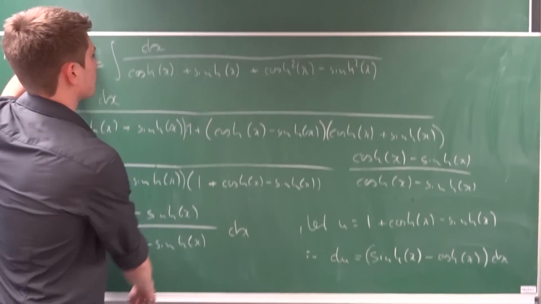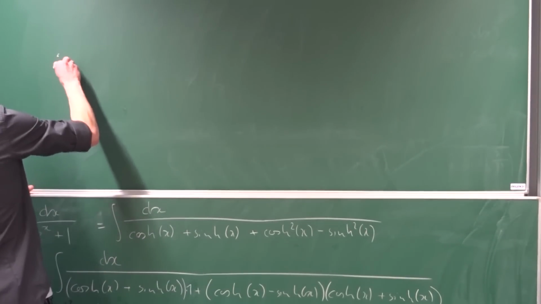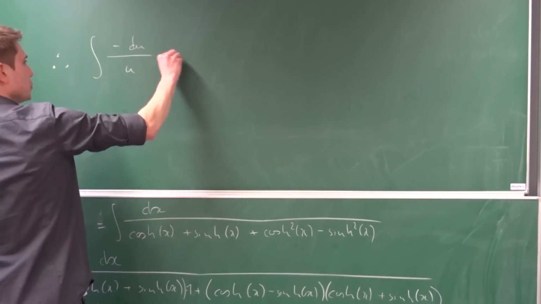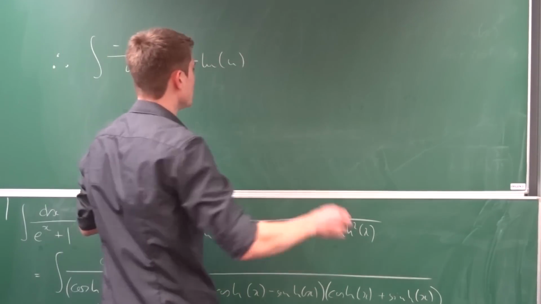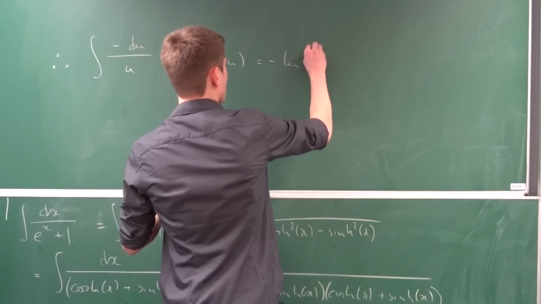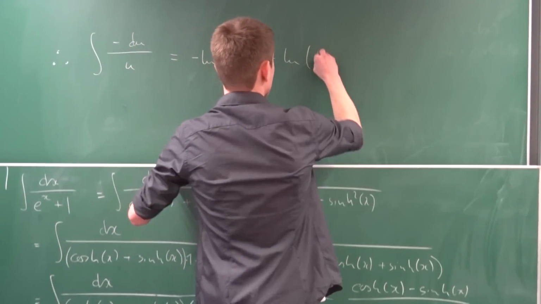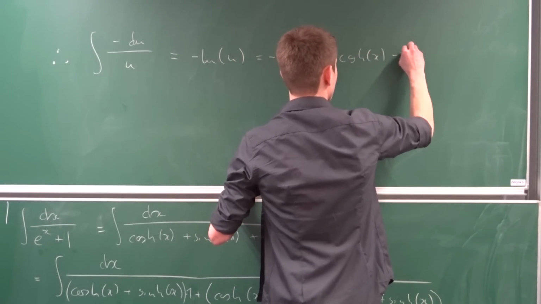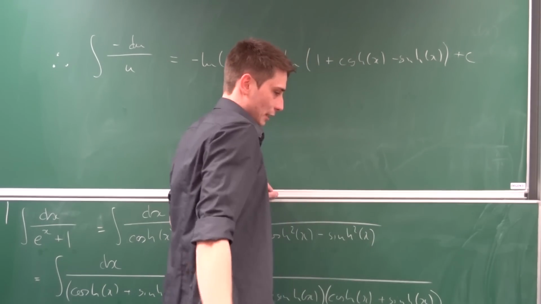So let's conclude what we get. We now end up with the integral of minus du over u, and this is nothing else than minus the natural log of u, and u was this expression right here, so this is minus the natural log of 1 plus cosh of x minus sinh of x plus c.